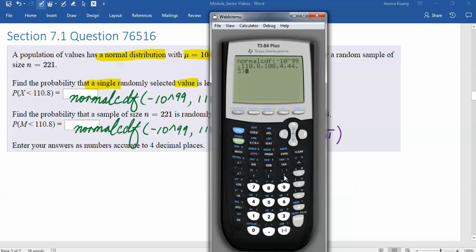Close the parenthesis. I know if I'm going to make any mistake, I'm going to enter my number incorrectly. So I'm just double checking my entries. Everything looks correct. So let me press enter.